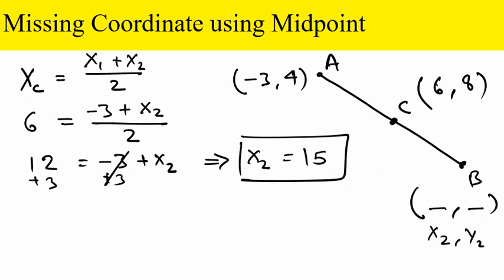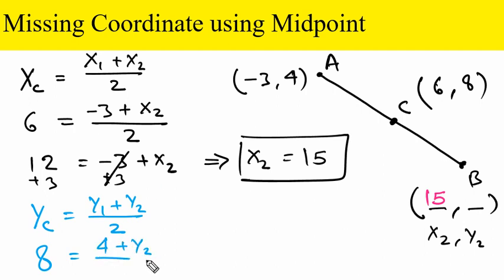Now we have to find the y coordinate. So for the y coordinate, yc will be equal to y1 plus y2 over 2. The y coordinate of C is 8 and y1 is 4 plus y2 over 2. Again the cross multiplication, so that will be 2 times 8, 16, equal to 4 plus y2.